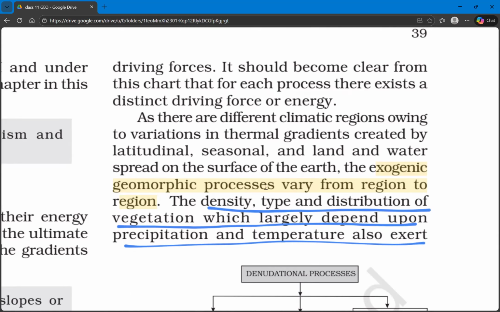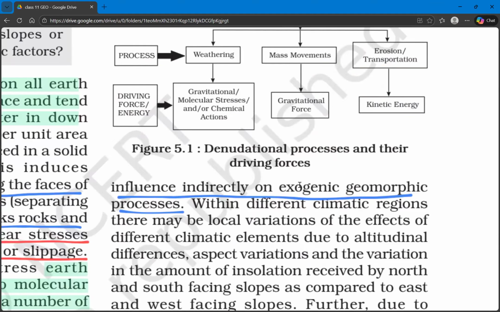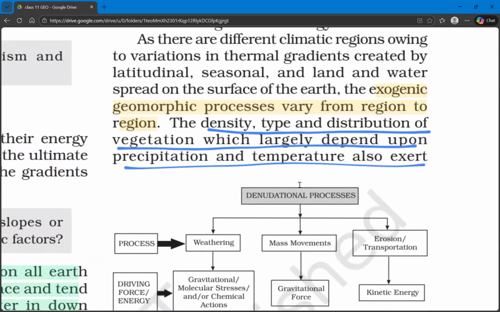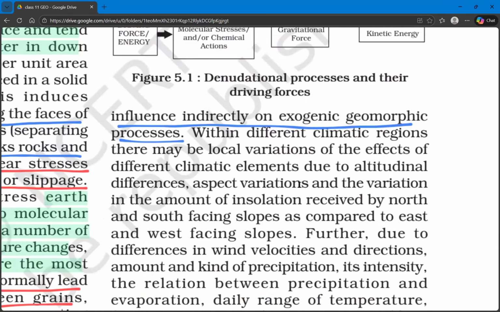The density, type, and distribution of vegetation, which largely depend on precipitation and temperature, also exert influence indirectly on denudational processes.